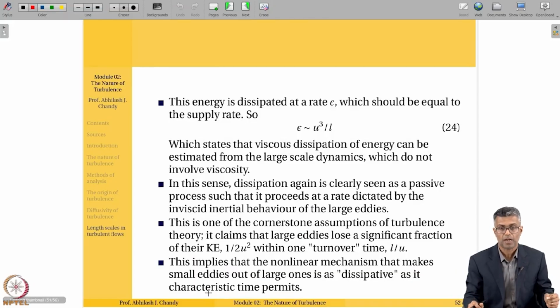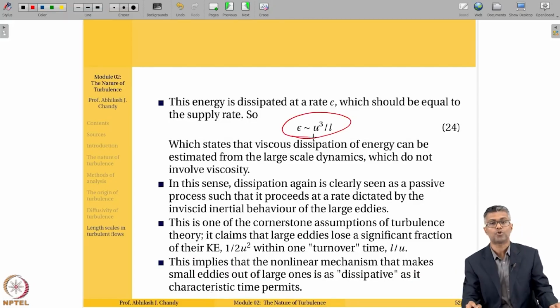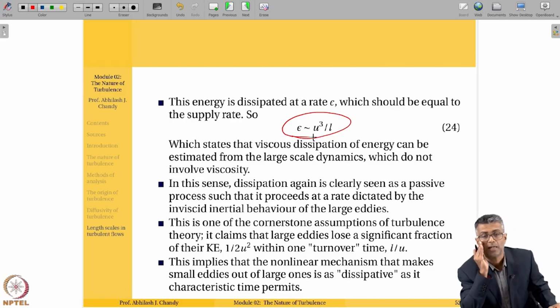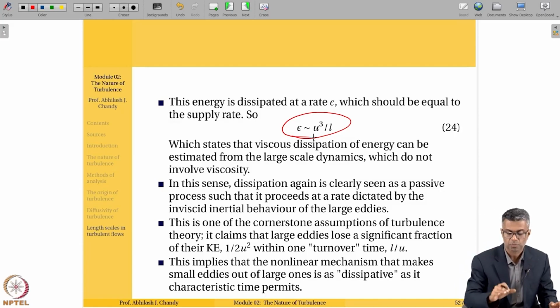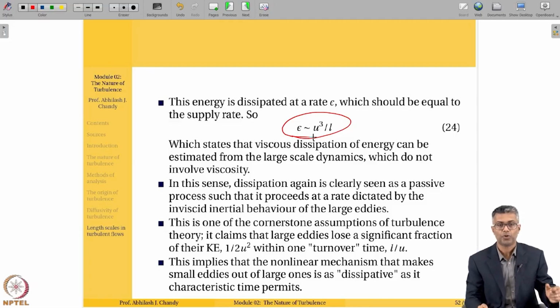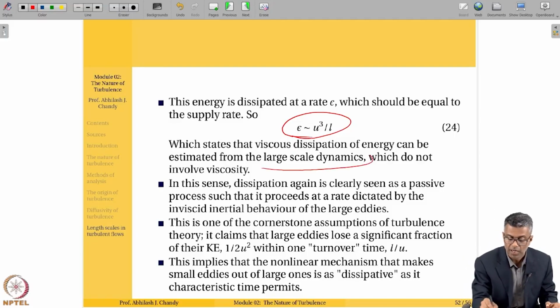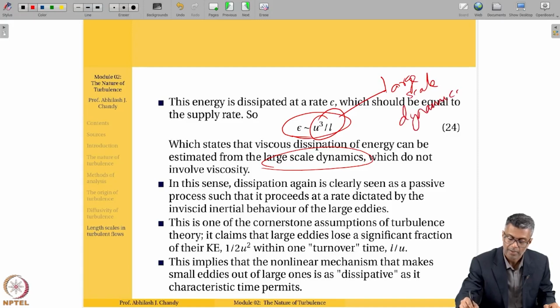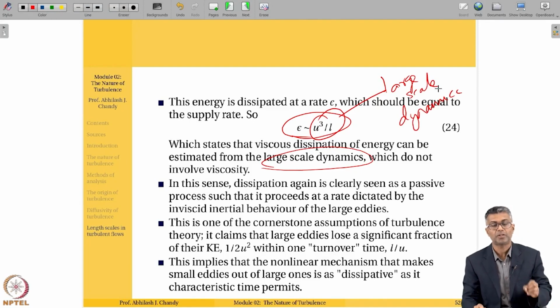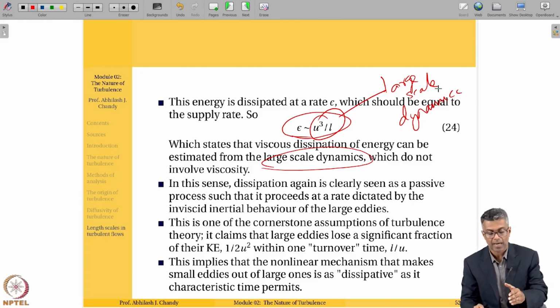So that dissipation rate, you can say, is of the same order of magnitude as U cube over L. Just based on equation 24, you can say that the viscous dissipation, because the dissipation is happening due to viscosity, can be estimated from the large scale dynamics.